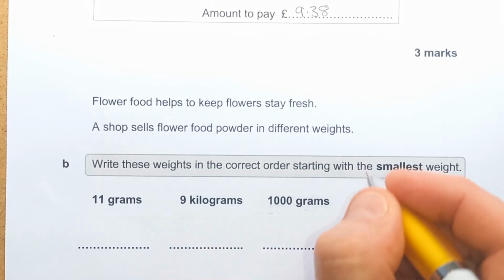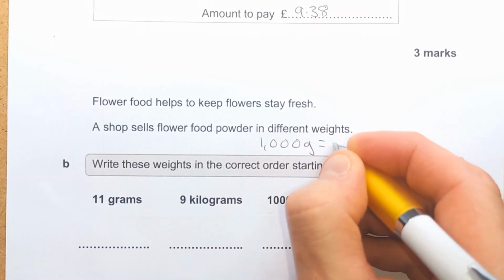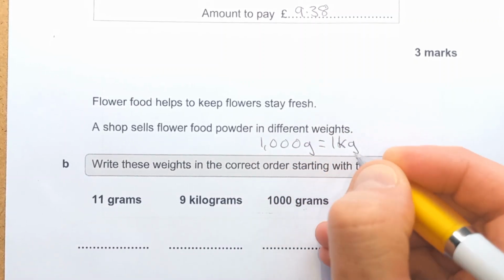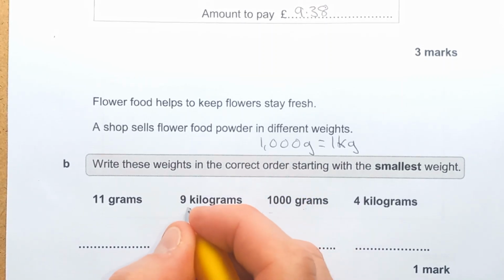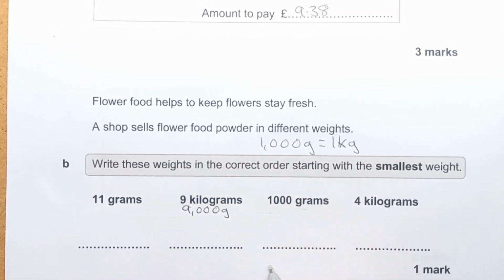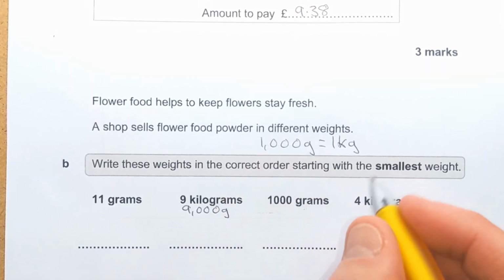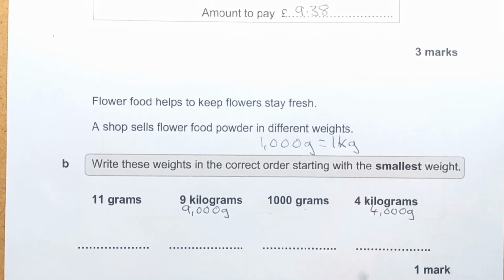So I know that we've got 1,000 grams in 1 kilogram. So if we've got 9 kilograms, it's going to be 9 lots of this. So it's going to be 9,000 grams. This one's already in grams. Now 4 kilograms, so 4 lots of this. So that's going to be 4,000 grams.